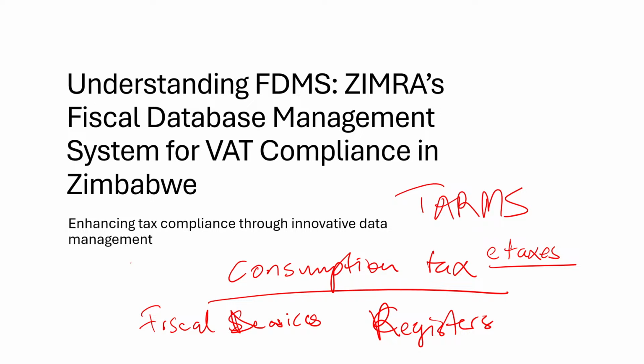But when Tarms was introduced, they had to find a way to digitalize and centralize everything so that they can confirm and verify easily without visiting your premises. That's why FDMS was introduced.